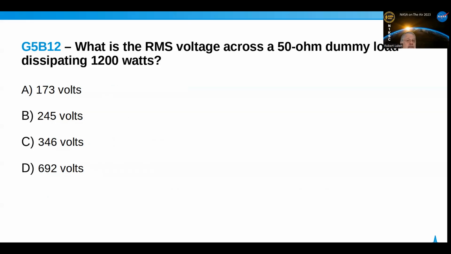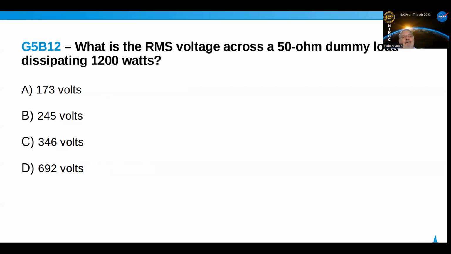So we know a resistance and we know watts. We want RMS voltage, which really means we just want the volts. I think they threw the RMS in just to confuse you.